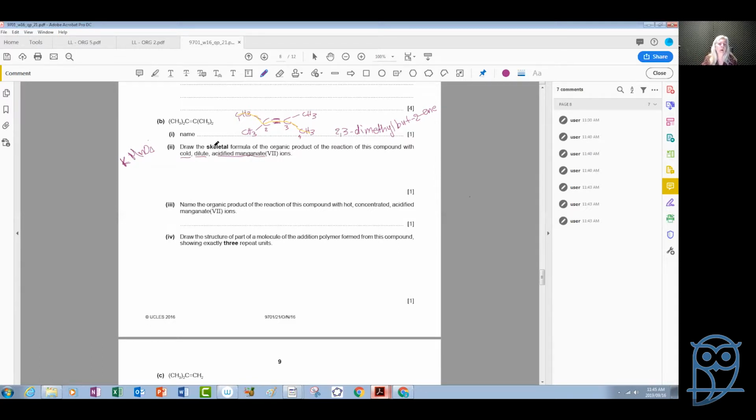Because it's dilute, it will react with the solution, actually with the water, and what are we going to have there? It's like the reaction between an alkene and water.